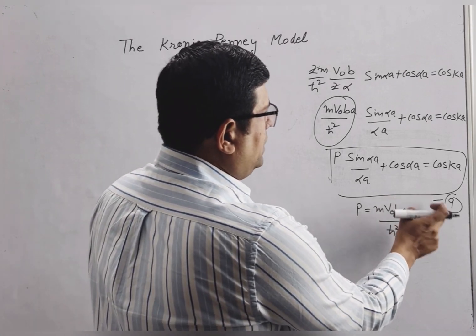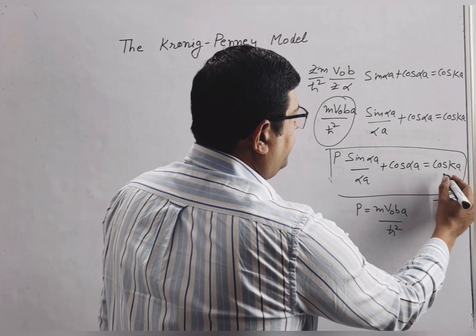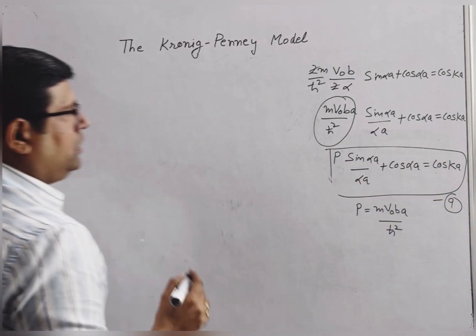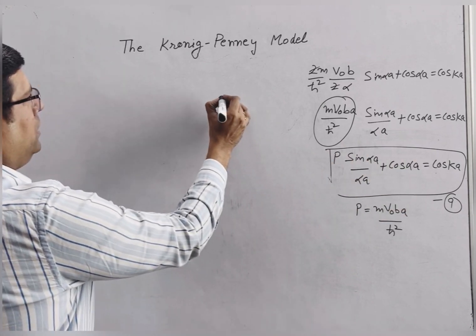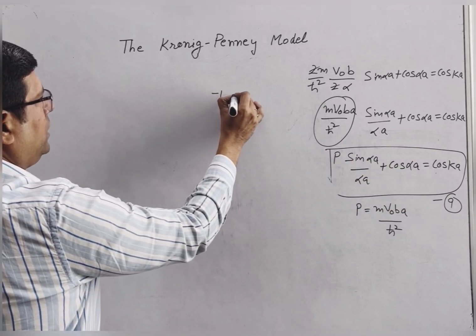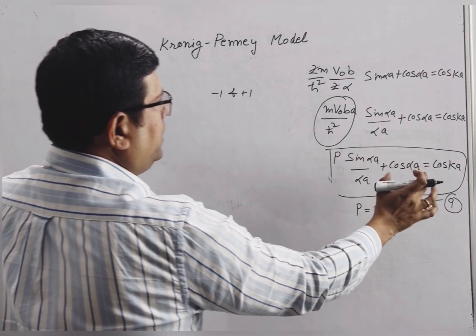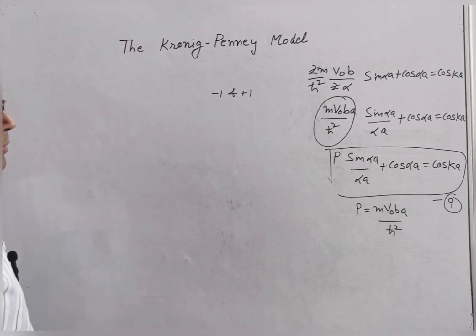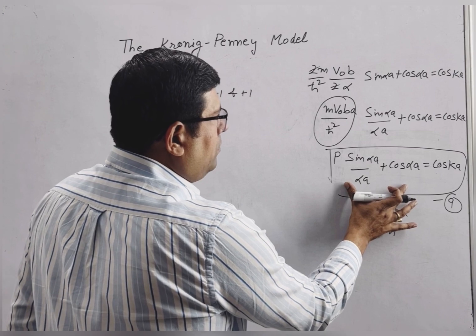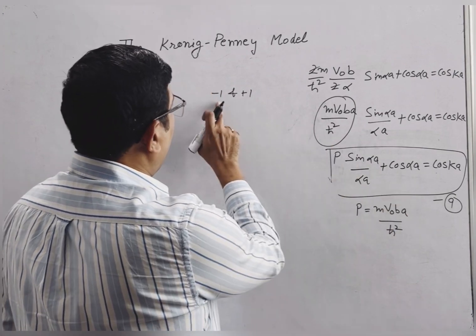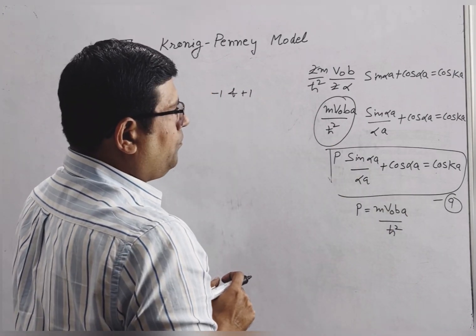Now if we see the right hand side of equation 9, this is bounded between -1 and +1. The value of cos lies between -1 and +1. So the left hand side must remain between -1 and +1.